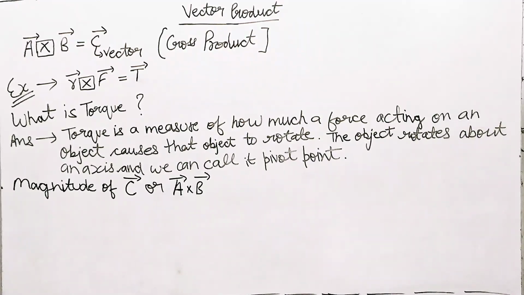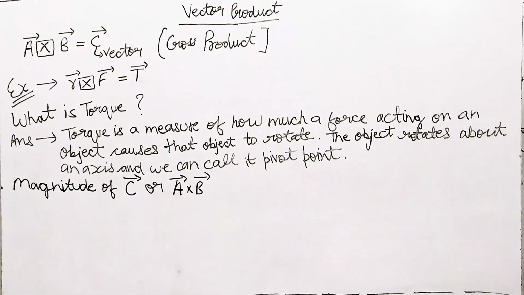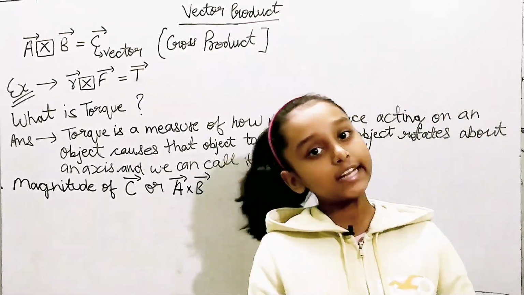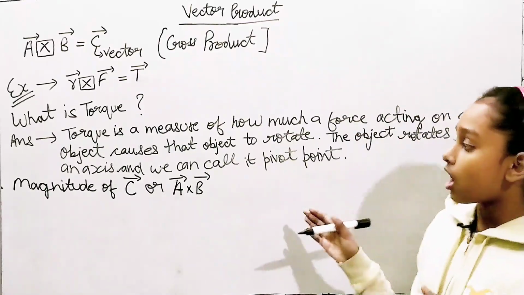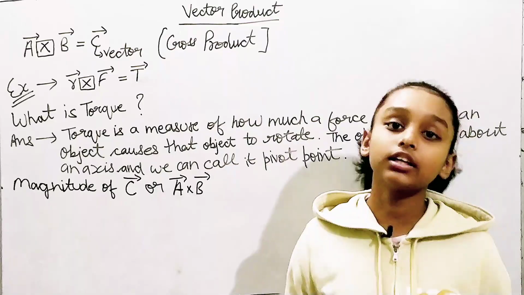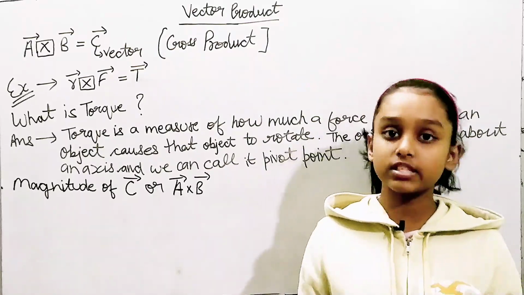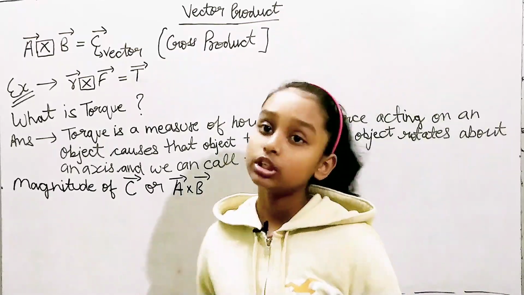Because the cross product of two vectors is itself a vector, and vectors do not have a meaningful notion of positive or negative. Got it? So that's how you can say that vector product of two vectors can never be negative. Yeah. So let us continue.